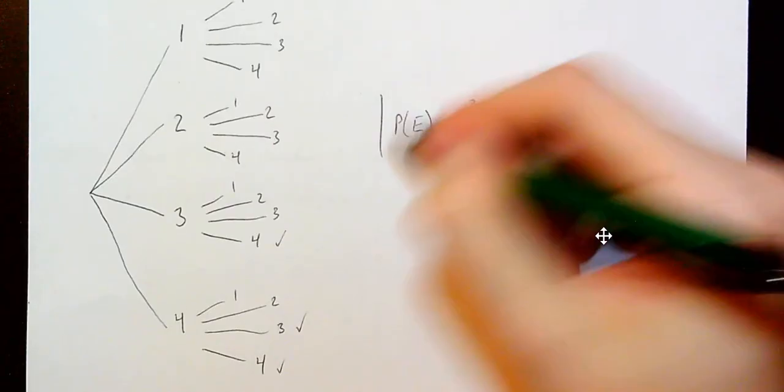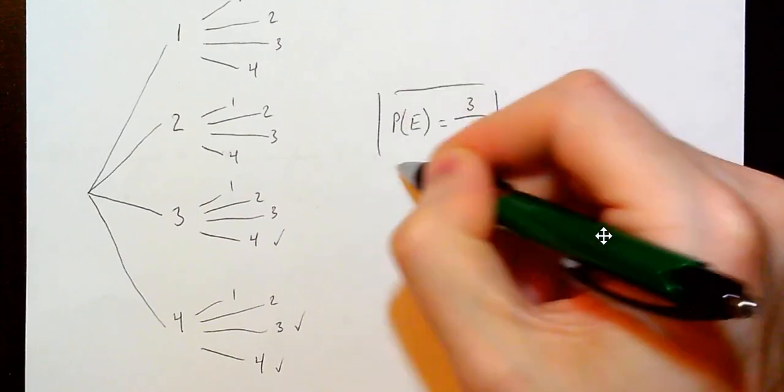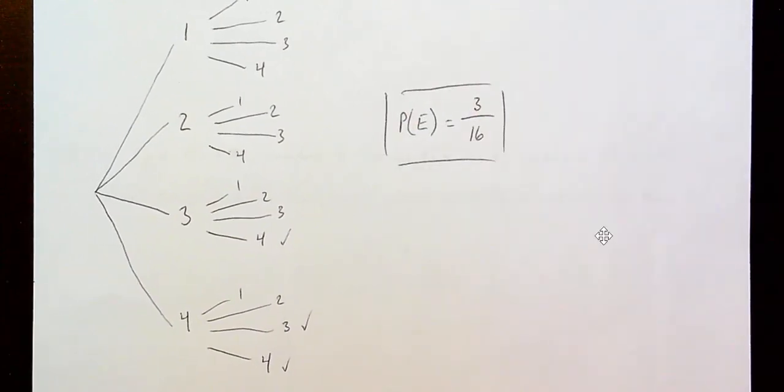So there we go. That's our probability. We have a 3/16 probability that when we roll these two four-sided dice, the sum of the two numbers will be greater than 6.